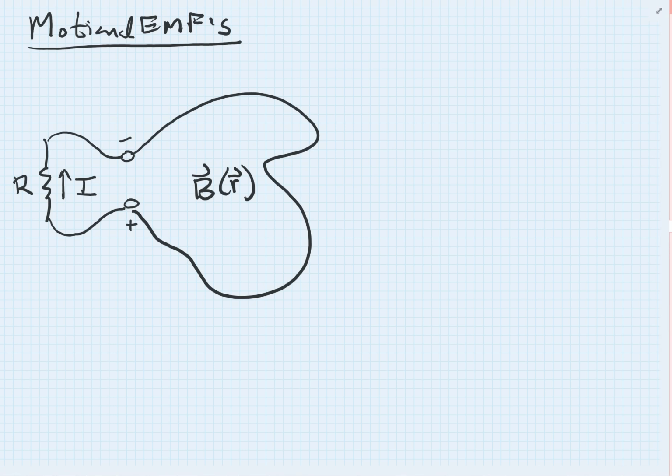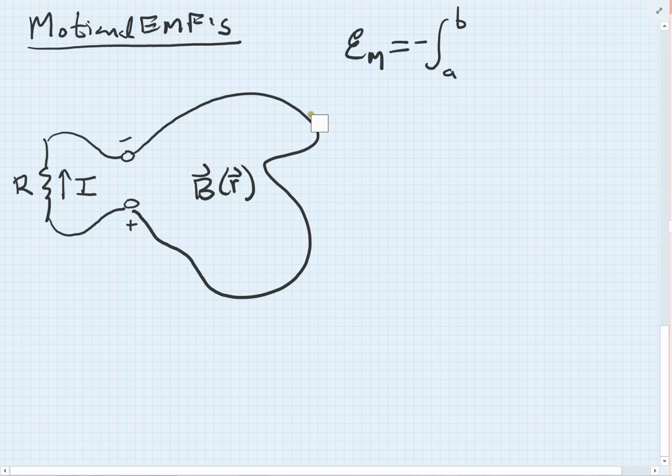Now, our underlying theorem told us that the motional EMF in this situation, basically what amounts to the voltage that we would associate with these plus and minus terminals, is the integral from A to B. Normally we would write the voltage as minus that integral of the electric field that this wire feels, the electric field inside of this conductor.